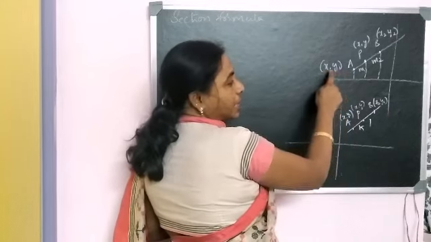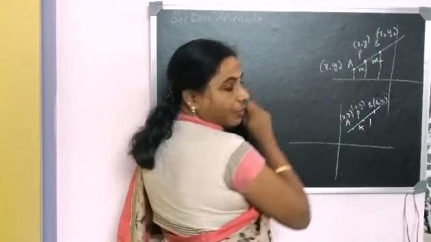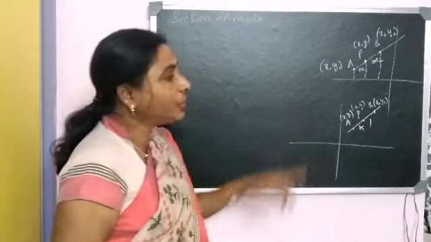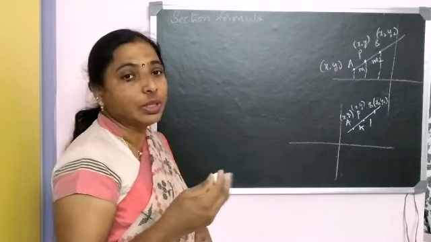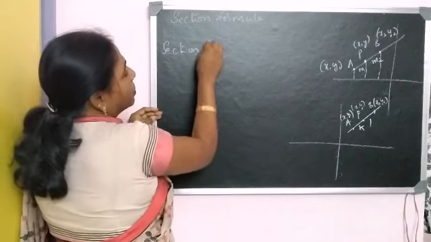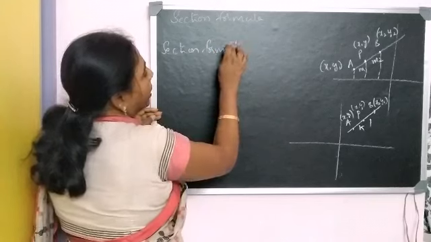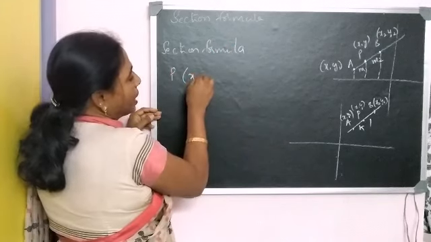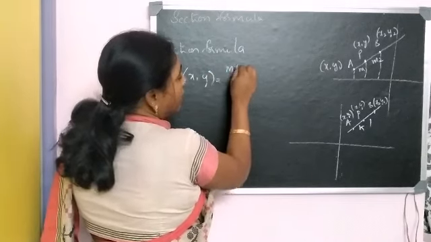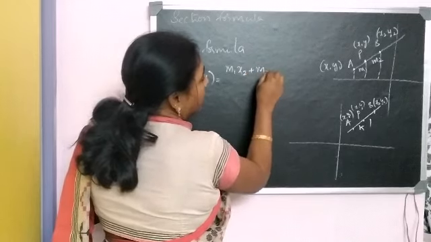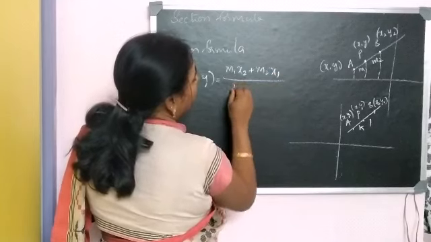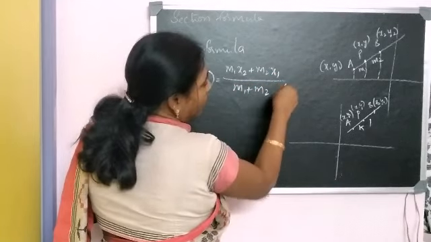Now, A is x1, y1, P let us take as xy coordinates, and B has coordinates x2, y2. If this is the case, how do we use the section formula? If you have to find P of xy, you have to use the formula m1 x2 plus m2 x1 divided by m1 plus m2, comma.